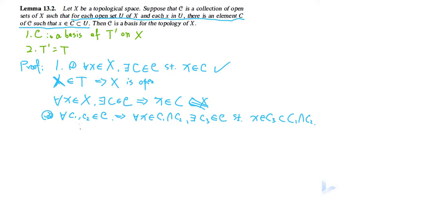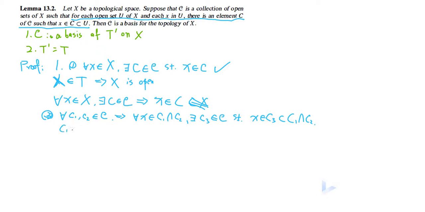Let's prove this. C1 and C2 are elements of the collection C, and because the collection C is a collection of open sets of X, C1 and C2 should also be open sets.